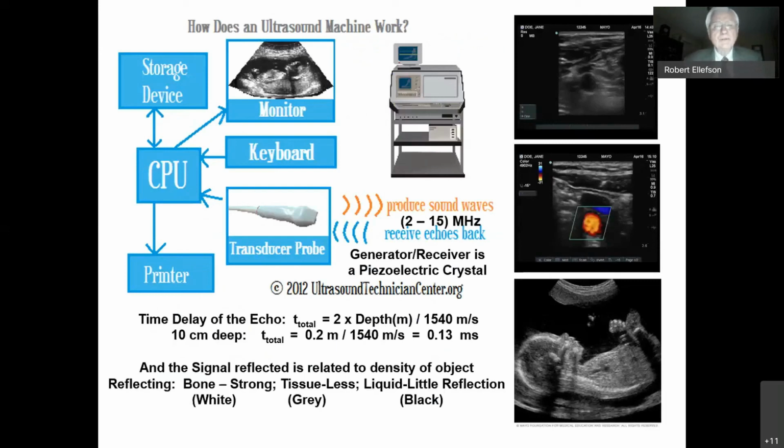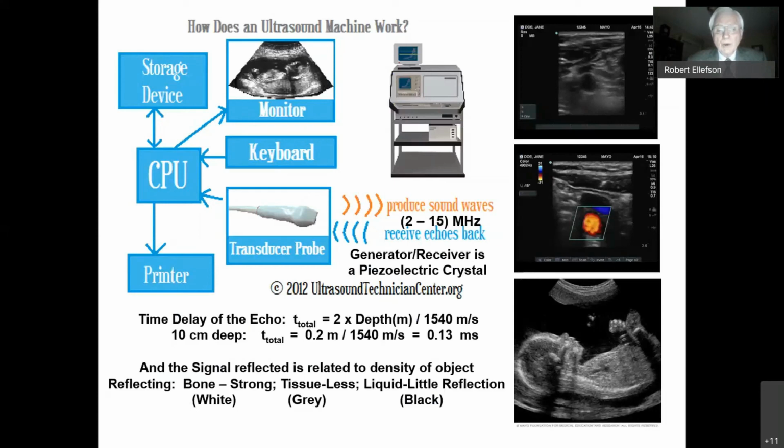Let's begin with ultrasound. So how does this work? Well, there's a block diagram of the essential features, and certainly the ones to focus on are the monitor, where you see the images that are created by the echoes that are received back. And then there is the transducer probe.